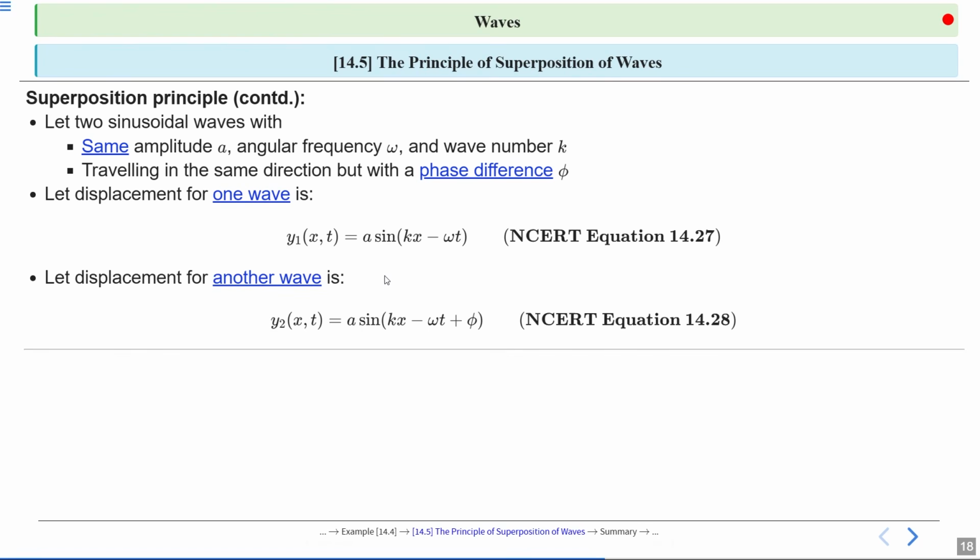For the second wave, the displacement is y2 of x,t is equal to a sine(kx minus omega t plus phi). This is almost the same as the first wave, but we have added the phase difference phi. This means the second wave is shifted compared to the first.